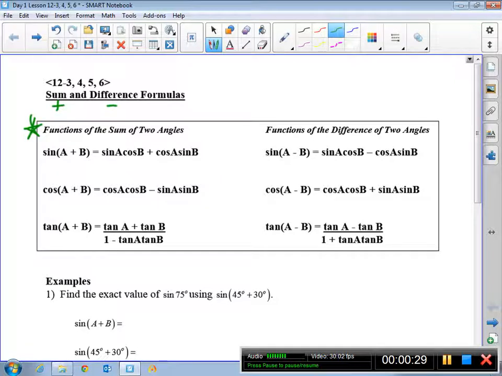And what we have here are the functions of the sum of two angles. So the sine of an angle plus an angle, the cosine of an angle plus an angle, the tangent of an angle plus an angle. And the formula follows.